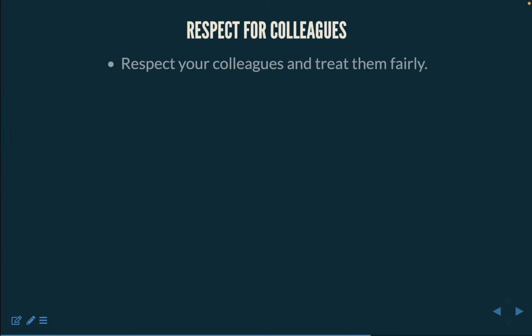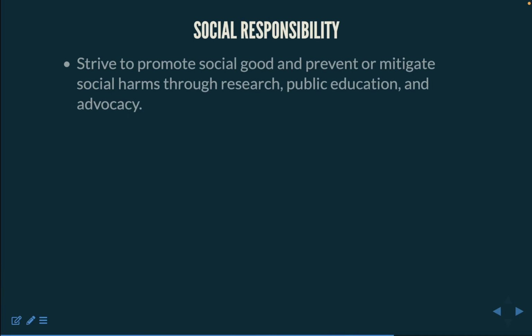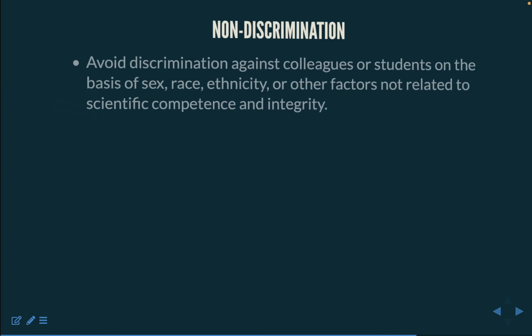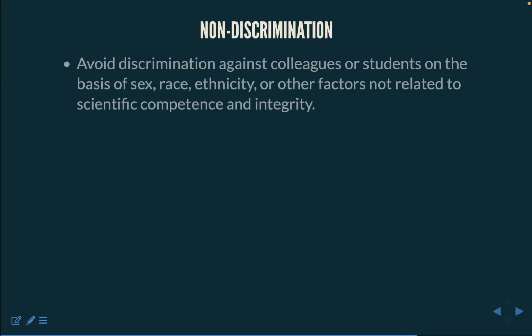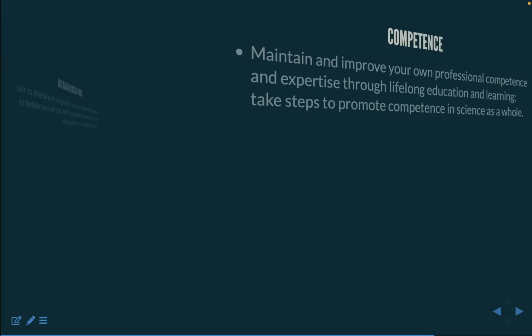Respect for colleagues. Respect your colleagues and treat them fairly. Social responsibility. Strive to promote social good and prevent or mitigate social harms through research, public education, and advocacy. Non-discrimination. Avoid discrimination against colleagues or students on the basis of sex, race, ethnicity, and other factors not related to scientific competence or integrity.